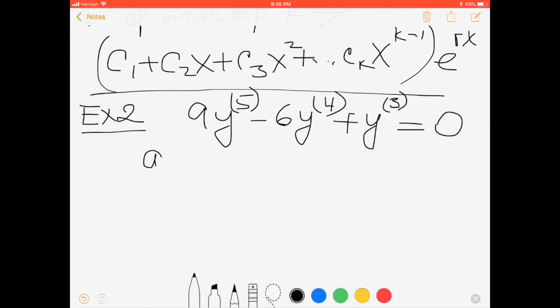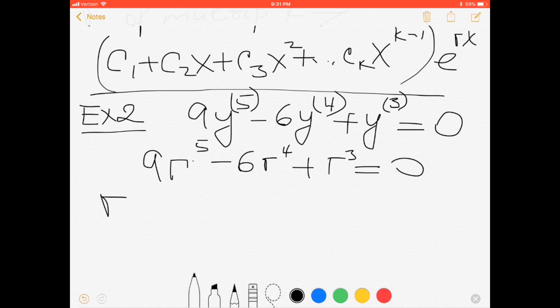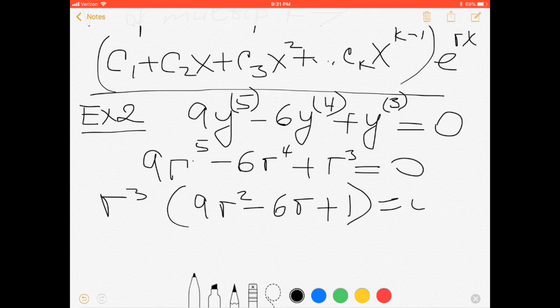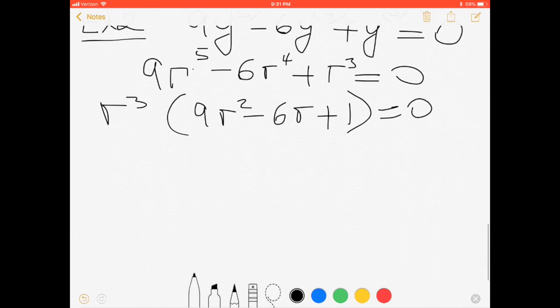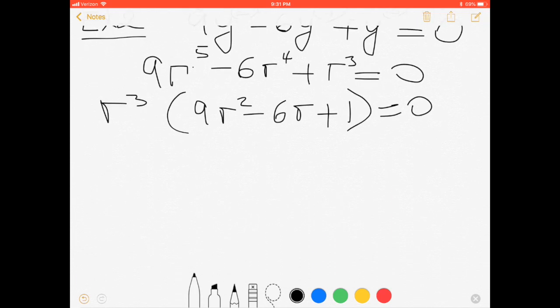We can write the characteristic equation as 9r to the 5th minus 6r to the 4th plus r to the 3rd equals 0. We take r cubed out, and we have 9r squared minus 6r plus 1. Okay. And what do we have here? r equals 0, 3 times.